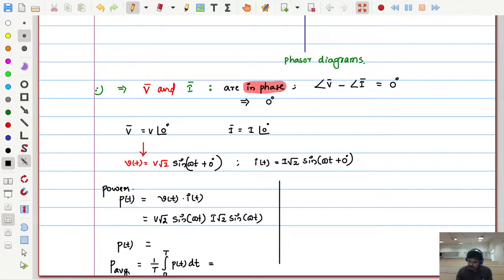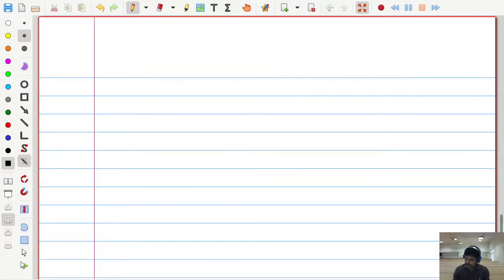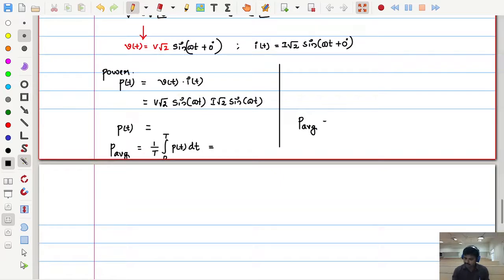How much power we will get, we can do in the phasor form like this. So P average, I am directly writing; just cross verify whether you get the same value or not. P average is equal to VI cos 0. What is this 0?